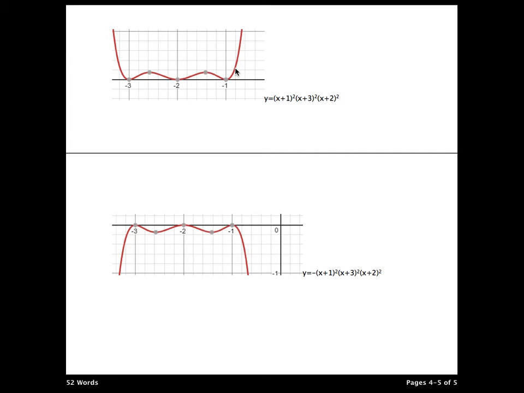Right? It's going to have 2 maxes and 3 mins, or the opposite, depending on if it's positive or negative. It's going to have 1 global or absolute. The end behaviors both go to positive infinity or both go to negative infinity.